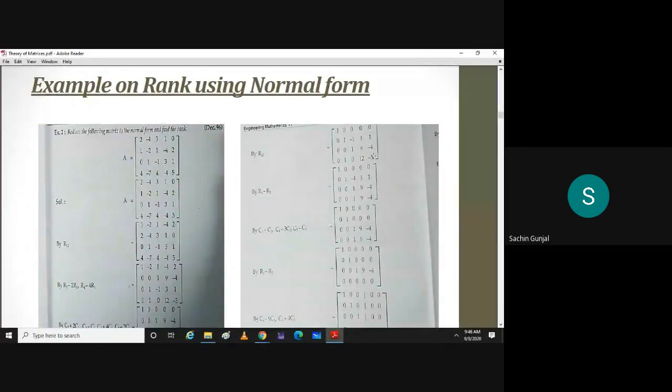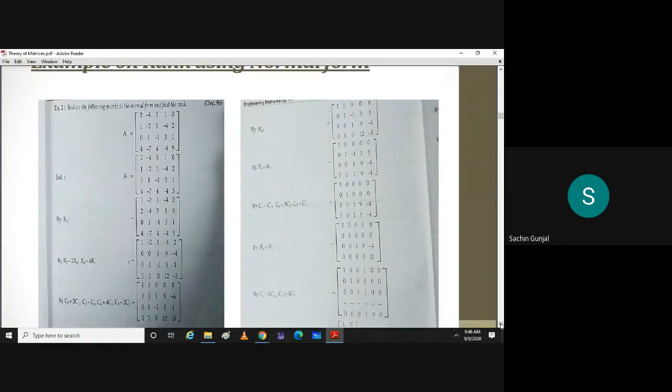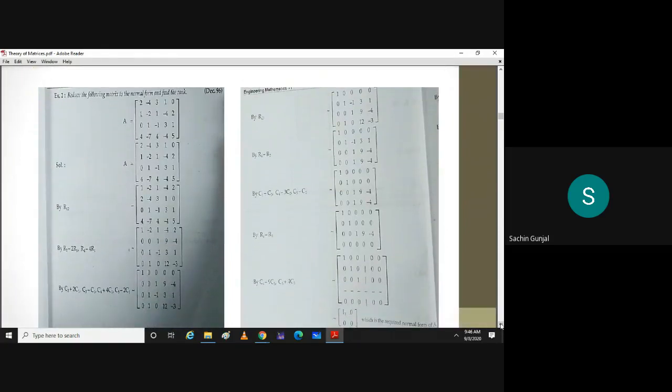Now don't write anything because you can take a screenshot of your screen, because it will be a wastage of time to write. Just listen to me carefully to what exactly we are doing.